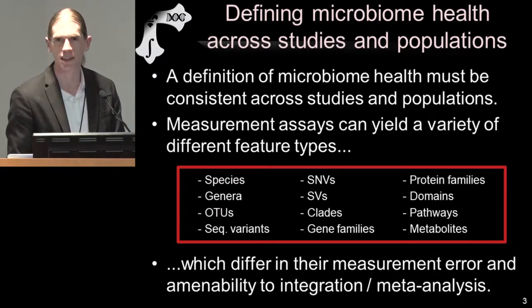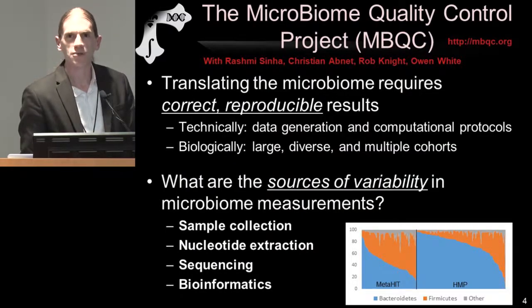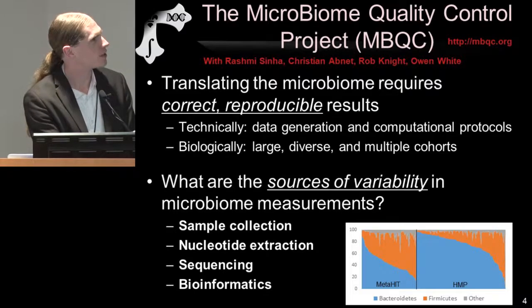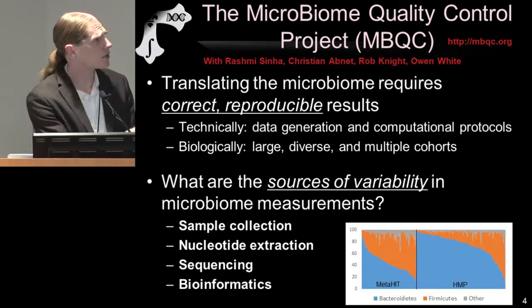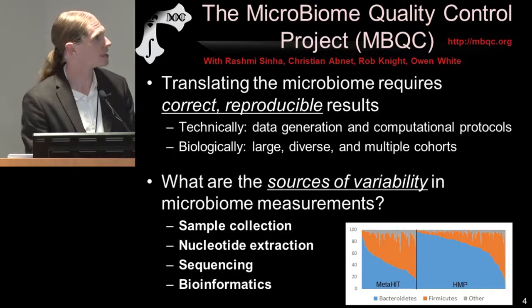So to give one quick concrete example of this, I'll draw a few examples in this talk, mostly from a study that we worked on called the Microbiome Quality Control Project, or MBQC, where there were many people involved. Scott and others have continued this work more recently.